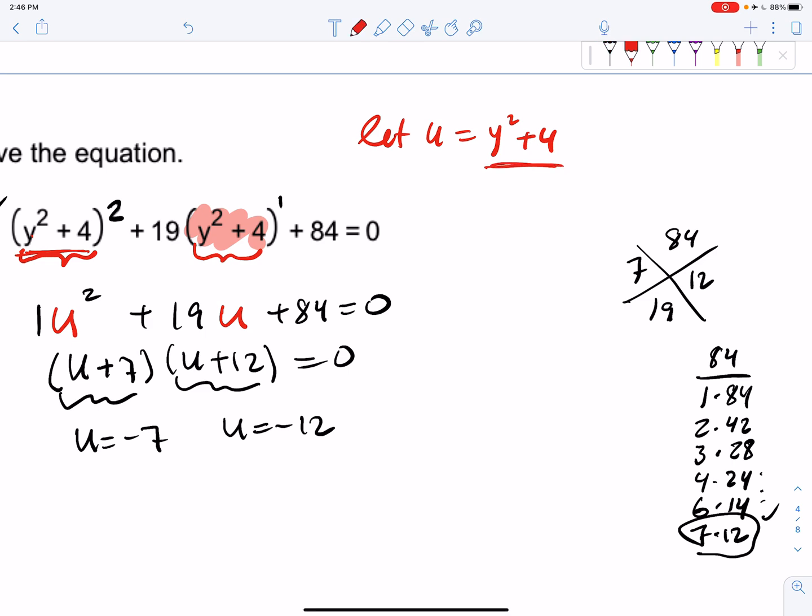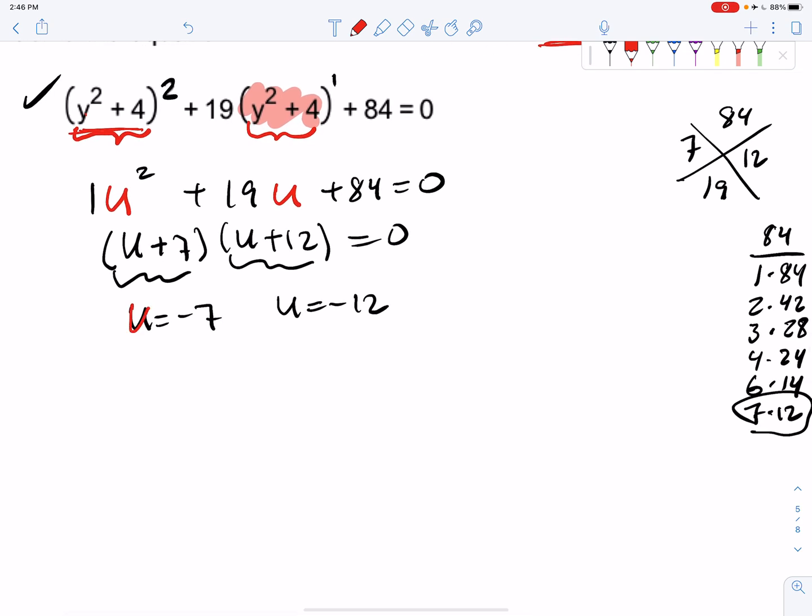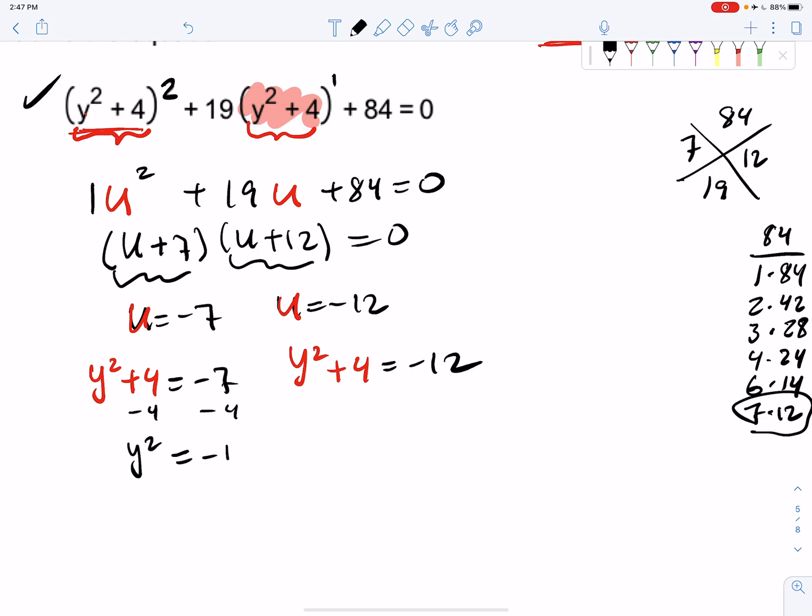We need to sub back in y squared plus 4 wherever we see a u. So y squared plus 4 goes there and equals negative 7, and y squared plus 4 goes there and equals negative 12, copying down the rest of the equation. We're going to subtract 4 off both sides, which just gives us y squared equals negative 11.